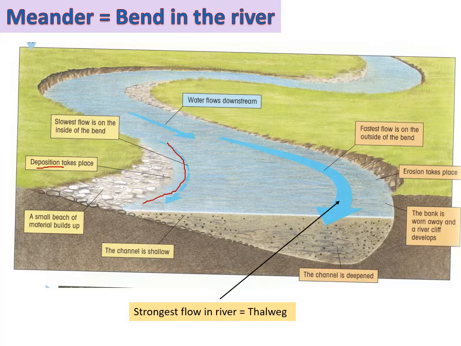And if you go to a river near you and you look at a bend in the river, this is true for all meanders. Erosion takes place on the outside where the current is strongest. Deposition takes place on the inside of the bend. And if during this really hot weather you've ever sort of waded into a river, you will notice that the outside of the bend is always deepest.